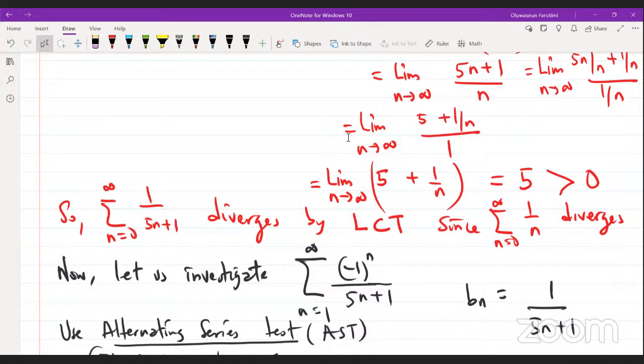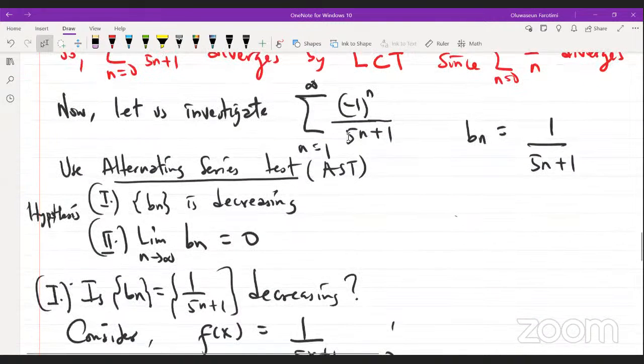So you go back to your original series, which is the question itself. Now you think about it, what test can I use to investigate it? You look at the form, it's an alternating series. Use the alternating series test. The alternating series test has two hypotheses. The first one is that your Bn has to be decreasing. And the second part is that the limit of Bn has to be equal to 0.